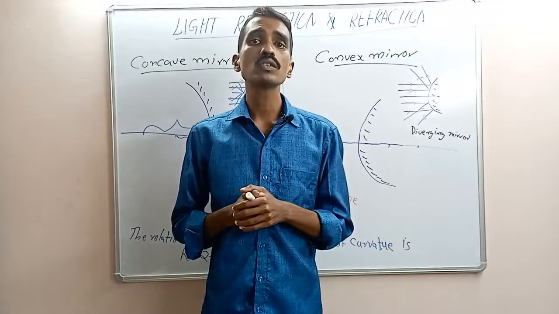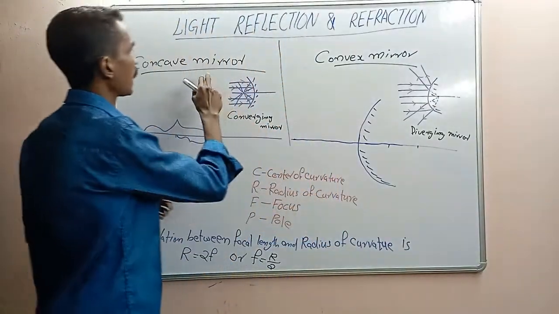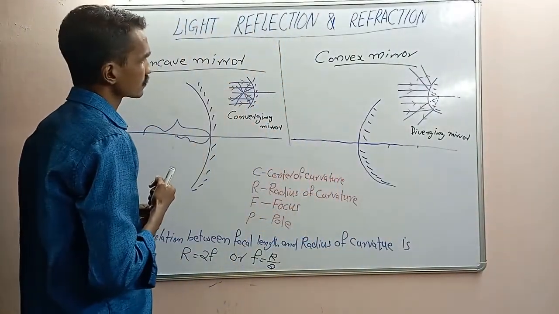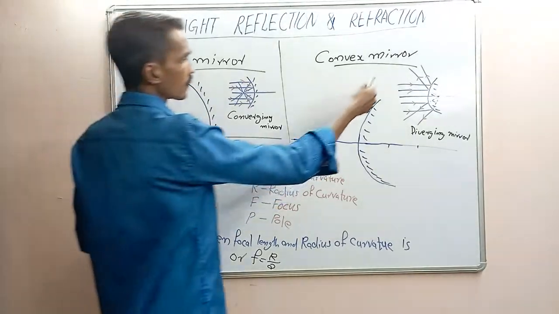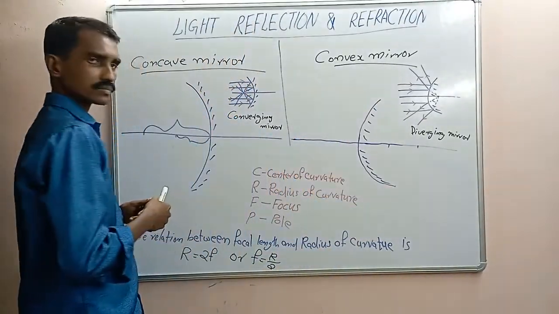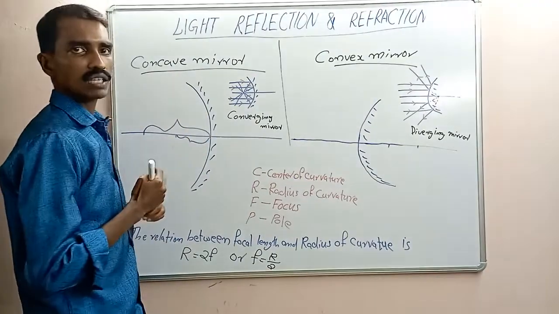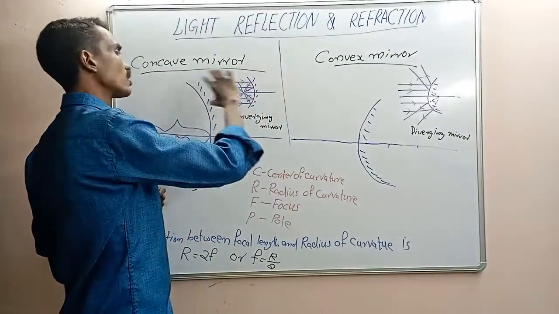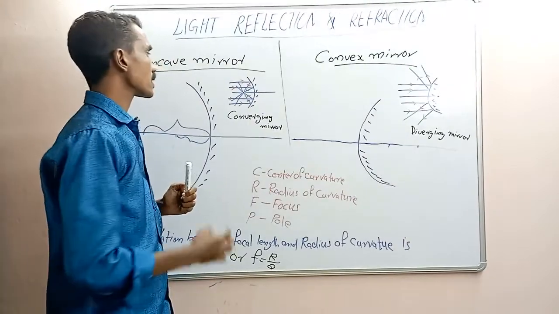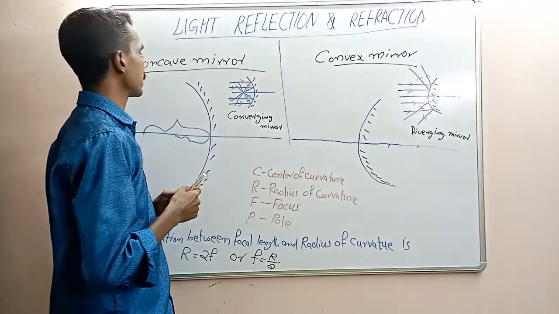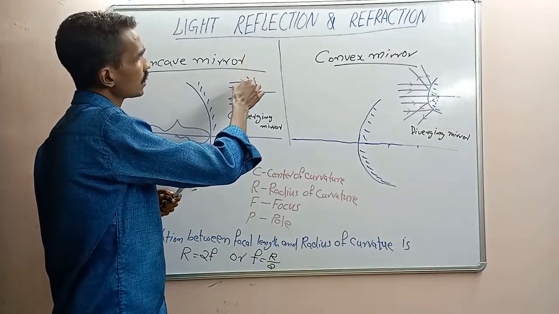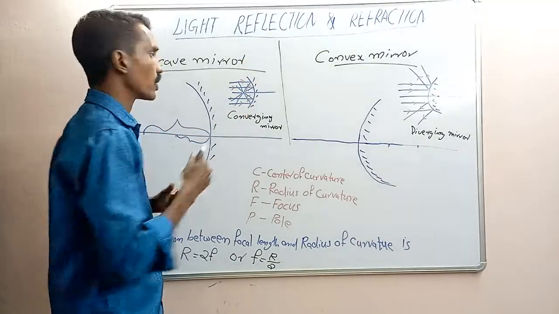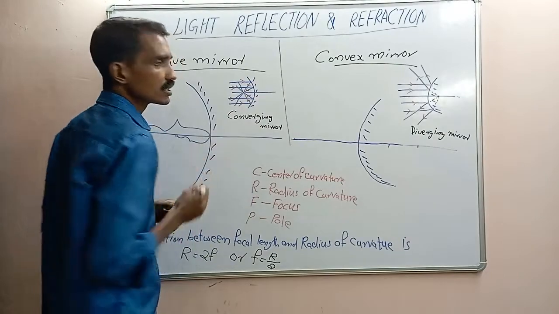Let us learn more about the concave mirror and the convex mirror. We have a concave mirror here and a convex mirror there. In the case of a concave mirror, all the parallel rays entering the concave mirror are reflected and meet at a particular point, whose name is focus.